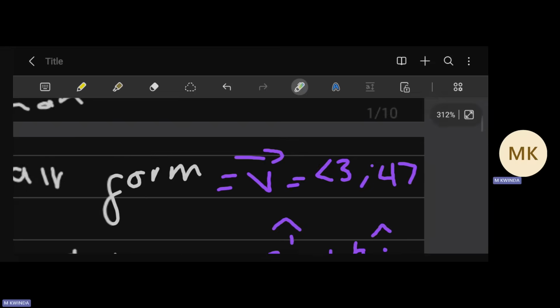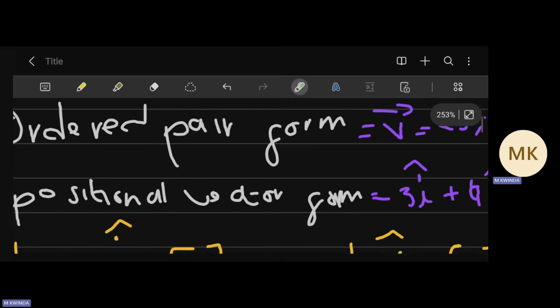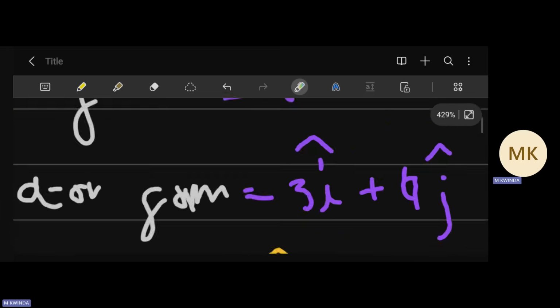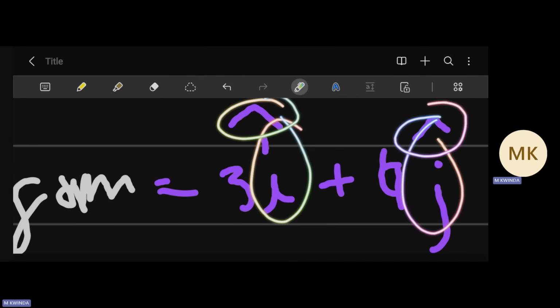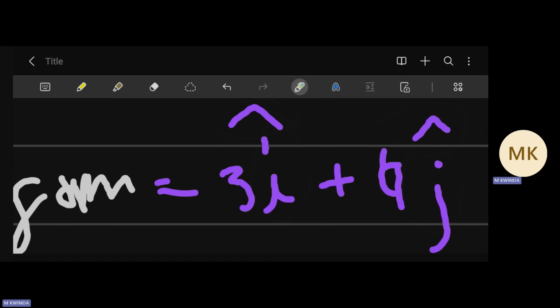The last one is the positional vector, where we use this i and this j, with the caps there. That cap means you're saying this is a unit vector inside a positional vector.